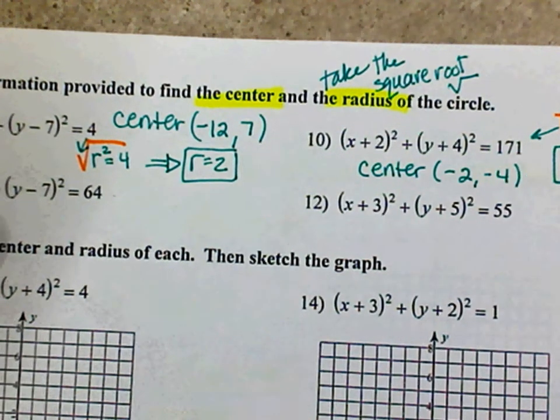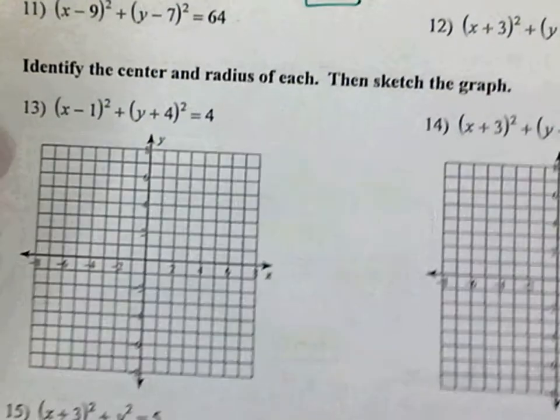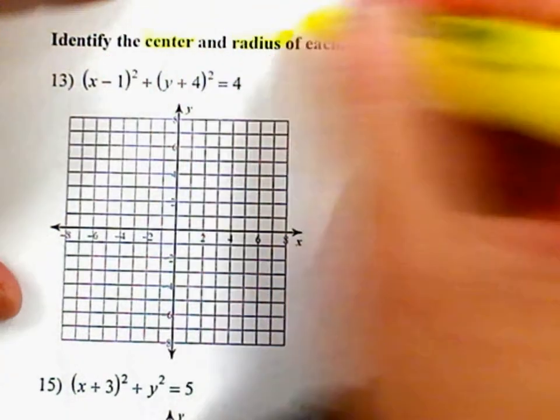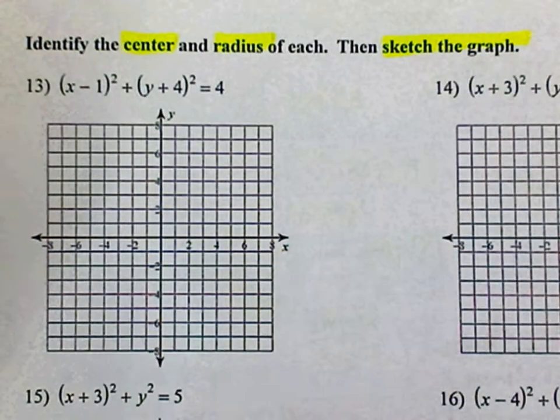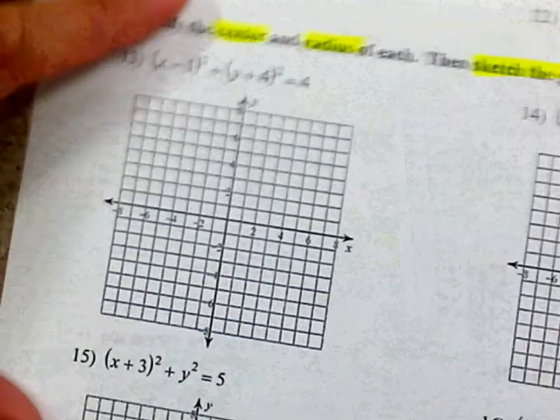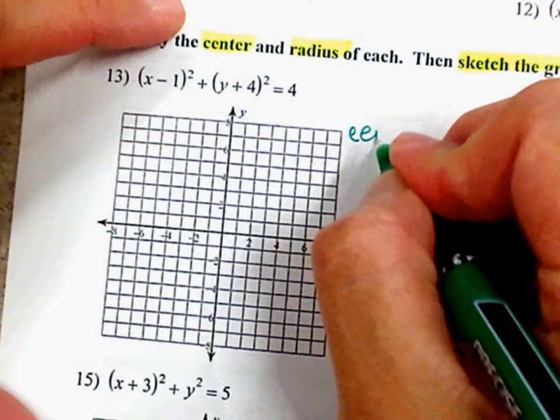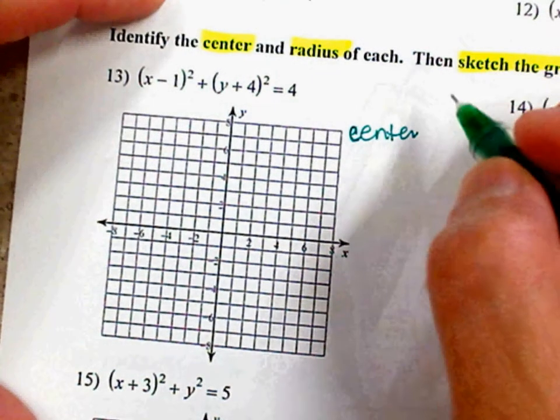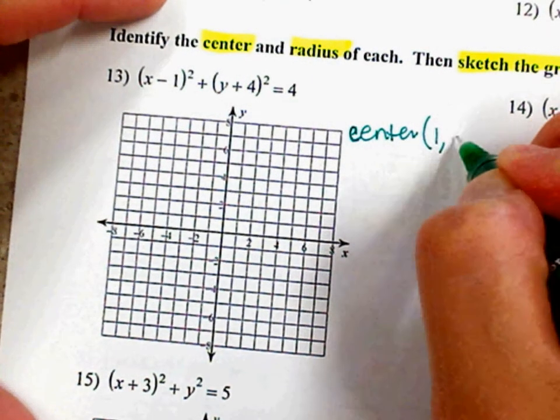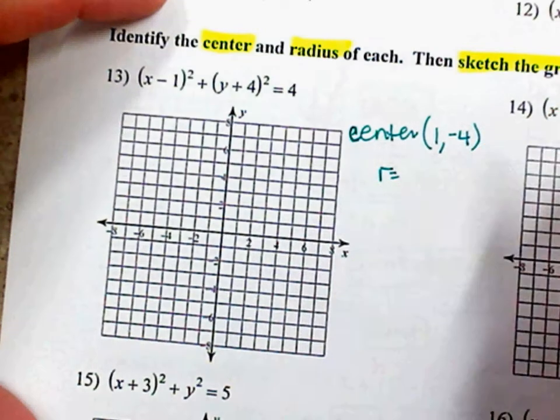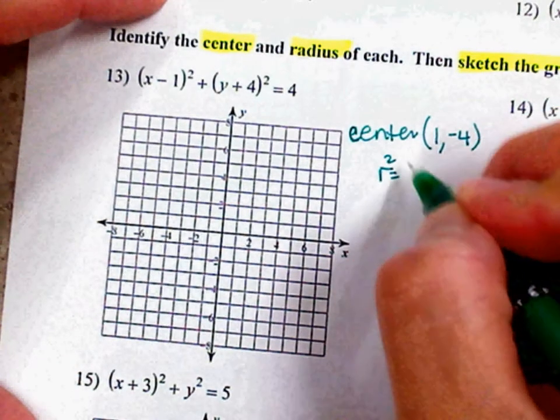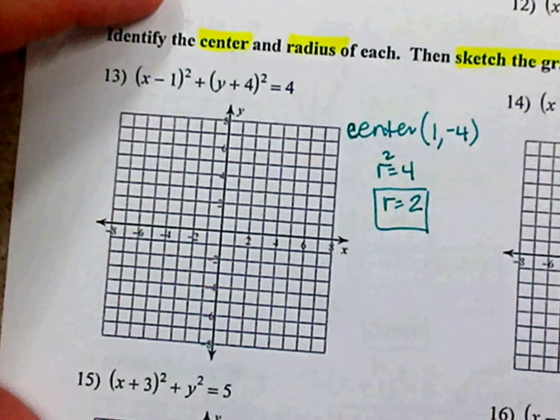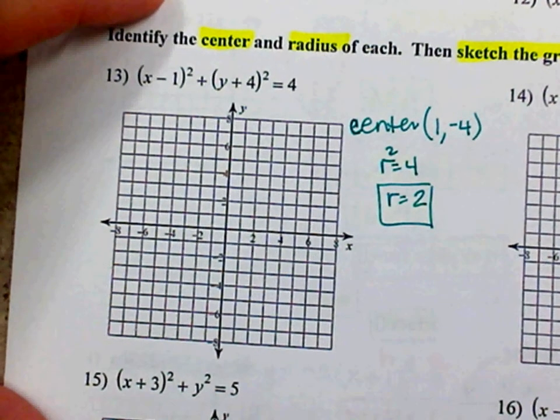Number 13, you're going to identify the center, the radius, and then do what? Make a graph, okay? So what's my center? Justin, what's the center for number 13? 1, -4. Very good. And what is your radius? 2. So r squared is equal to 4, so r is equal to 2. Everyone see the difference? All right. Center, 1, -4. There's your center.